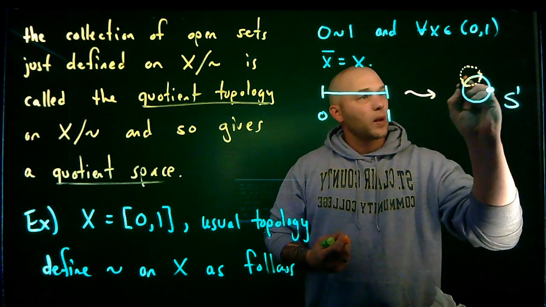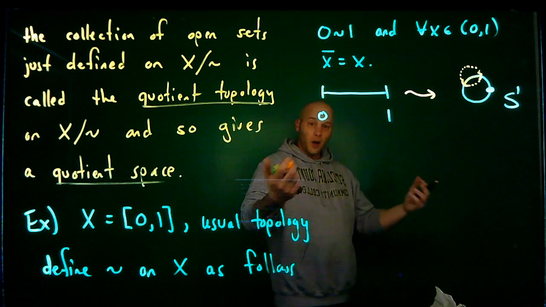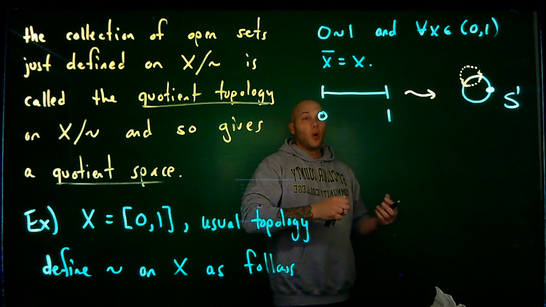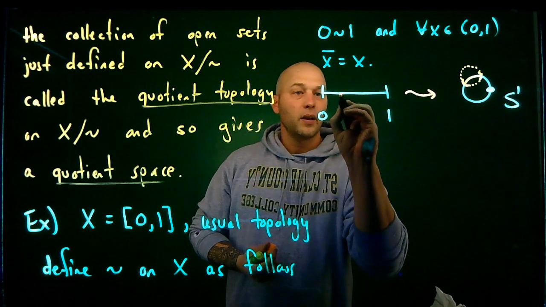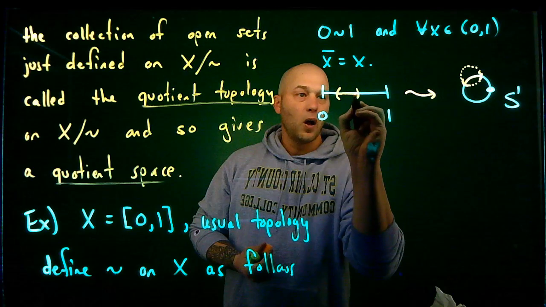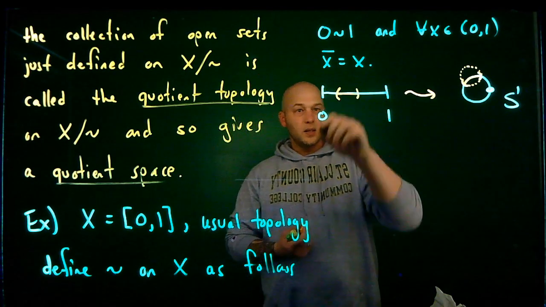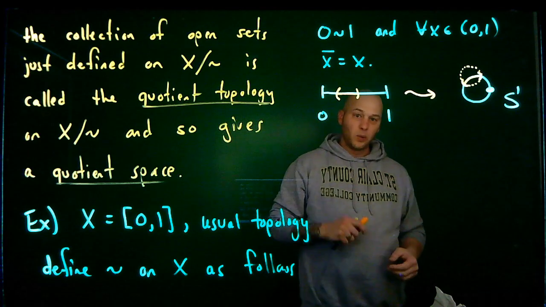So what I have just drawn on the circle would be an open set of that circle. Now, what would the preimage of that look like? Well, the preimage would look something like this. It would be all the points on the interior of that open interval of the closed interval.